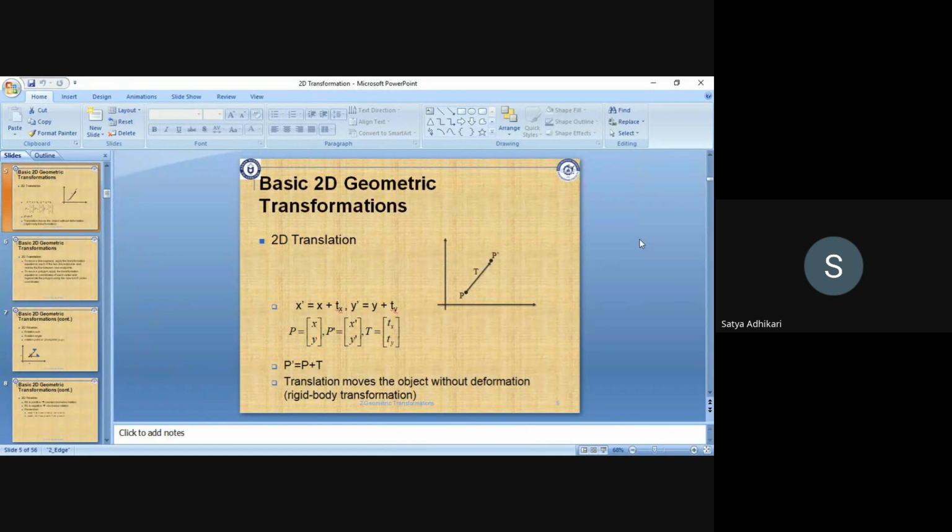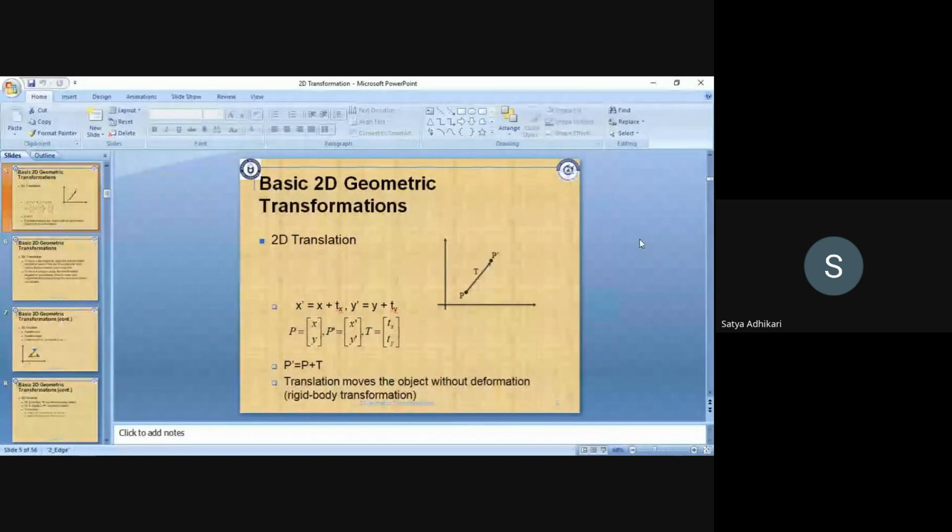Here you see P is here and P dash is a new point. So we are only able to change the position. Otherwise, no other thing, the size, shape, or rotation, is changed. Only its position changes.